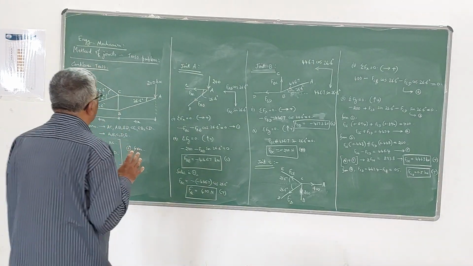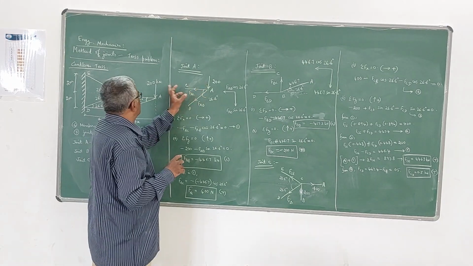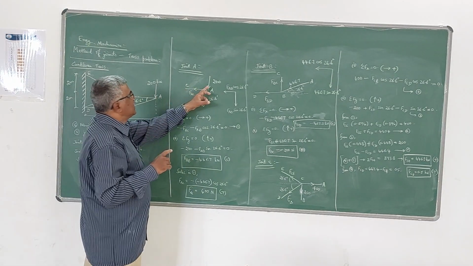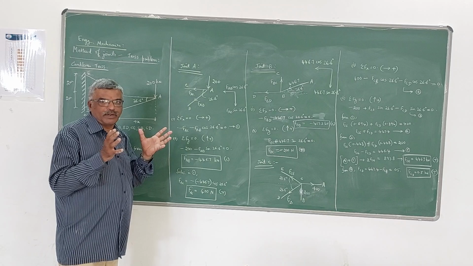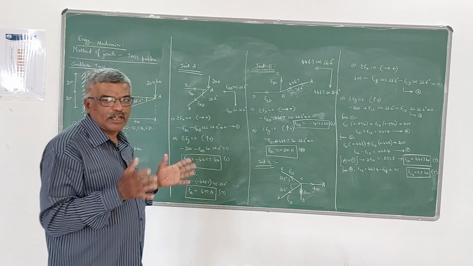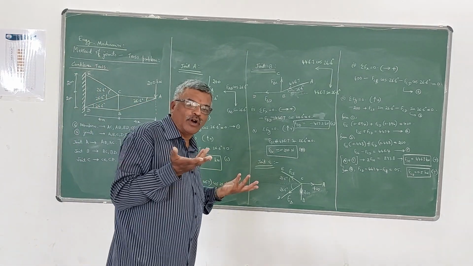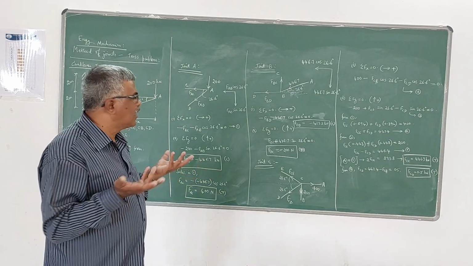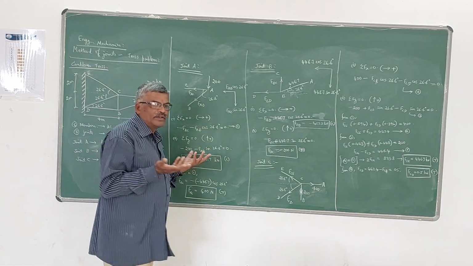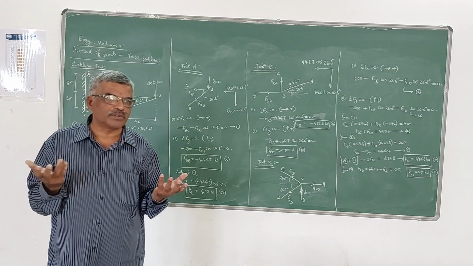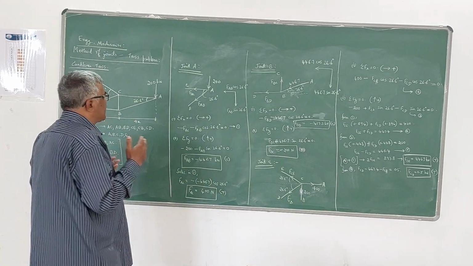So at joint A you have a downward force of 200 kN that you have to take, and at joint A you have 2 members meeting at joint A, that is AC and AB. Initially we will not be knowing what type of force develops in them. So we will assume that tensile force develops in both the members AB and AC.